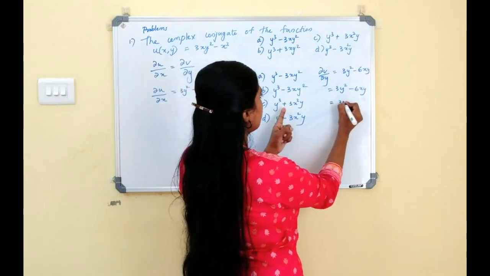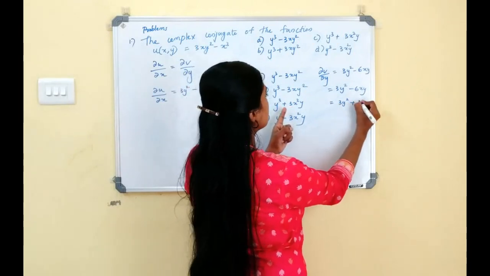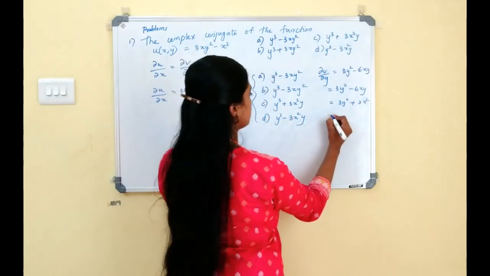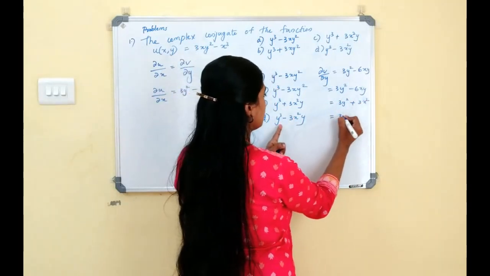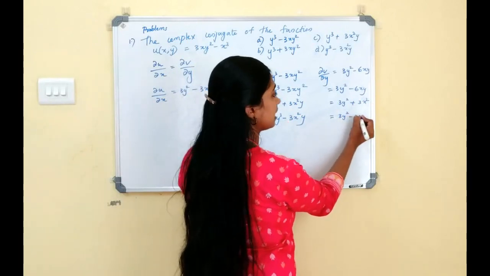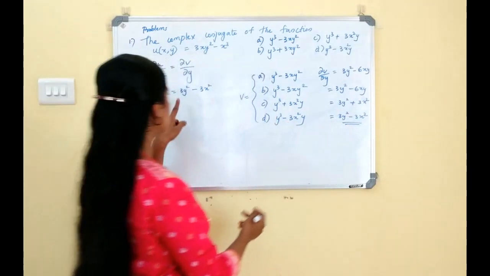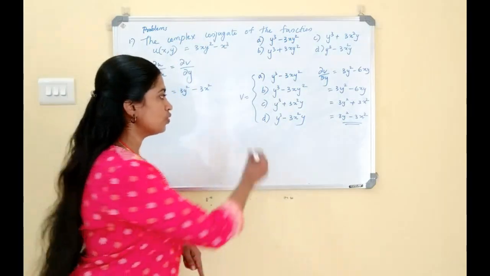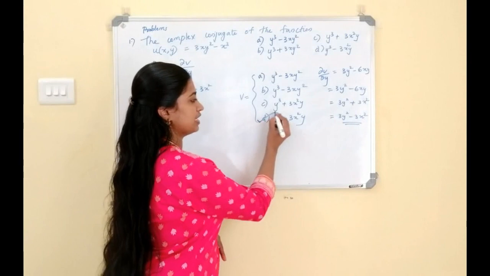This is 3y square plus 3x square, which is also not the answer. Next one is 3y square minus 3x square. Check. This is the required answer. So we can say that this is the correct answer.